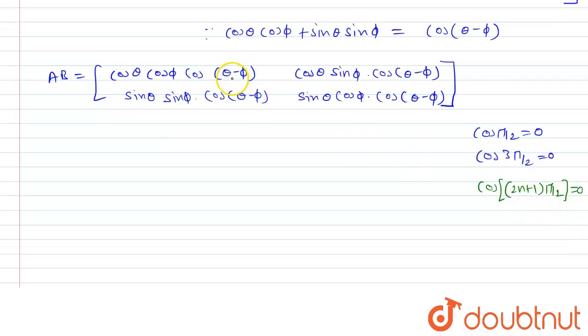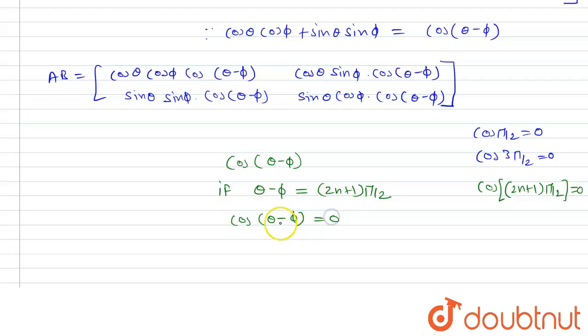Now here we have theta minus phi. So from there we can say that if theta minus phi becomes an odd multiple of pi by 2, that is (2n plus 1) pi by 2, then cos(theta minus phi) will be 0.